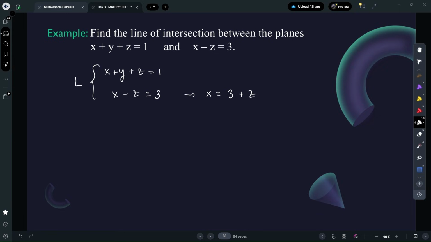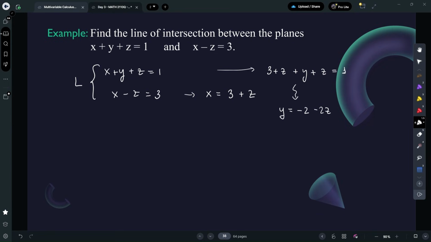If I plug it into the first equation, that is 3 plus z plus y plus z equals 1, which tells me that y is minus 2z.